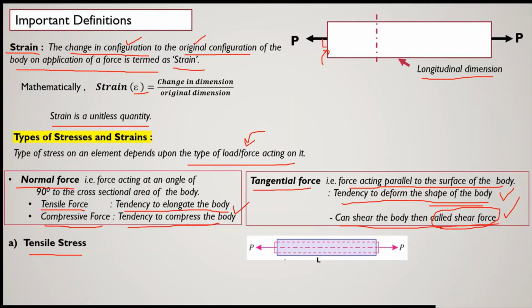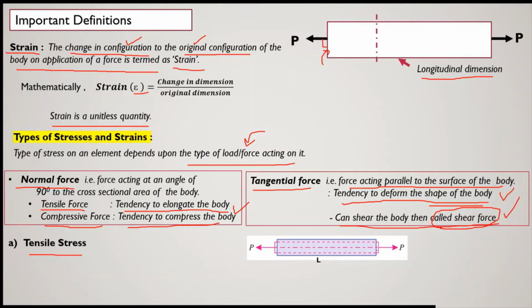Let us consider its longitudinal dimension is L, and when you are applying some force P which is acting outward, it will try to elongate the body. So this type of force which is acting away from the body is tensile force.